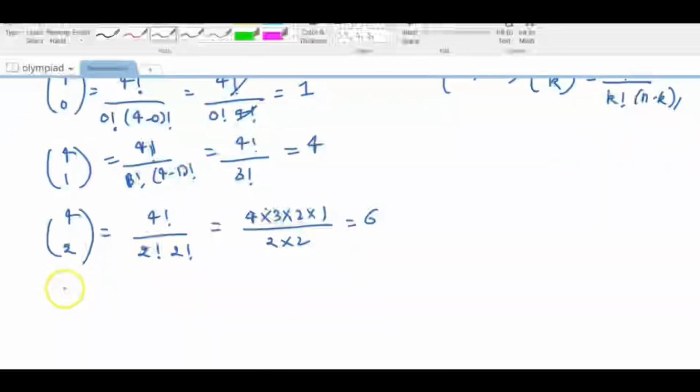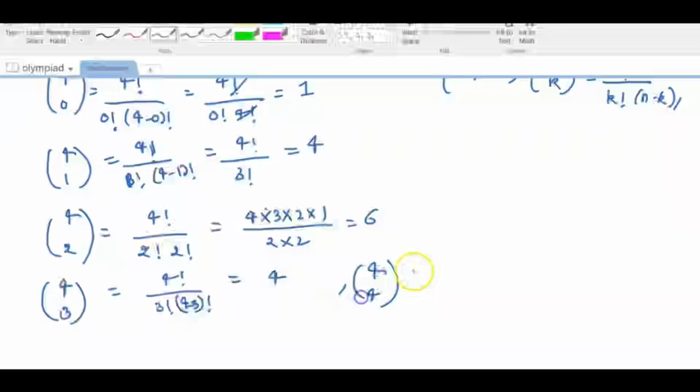And the binomial coefficient 4C3 would be factorial 4 divided by factorial 3 into factorial of 4 minus 3, and this will be 4. And the binomial coefficient 4C4 would be factorial 4 divided by factorial 4 into factorial of 4 minus 4, and this will be 1.